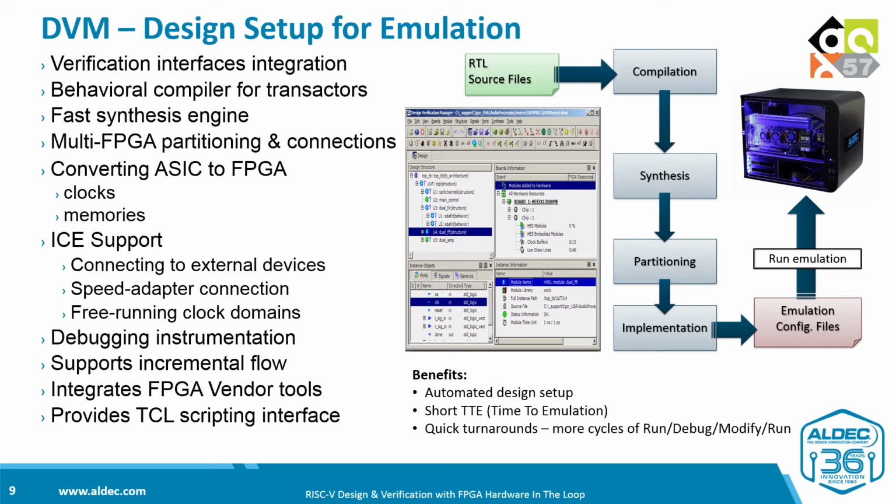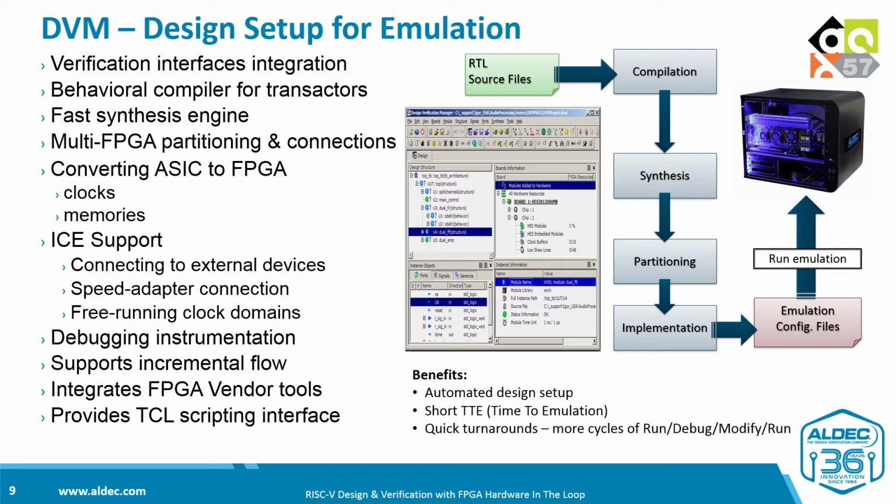The entire setup flow is incremental. So the incremental setup flow allows you to save the DVM project at any stage and reload it if required. That works even if you change design sources, so you don't need to recompile the entire design, but only the changed modules.